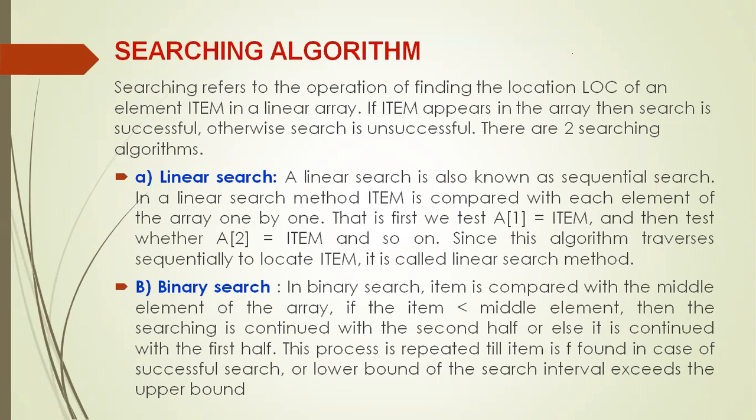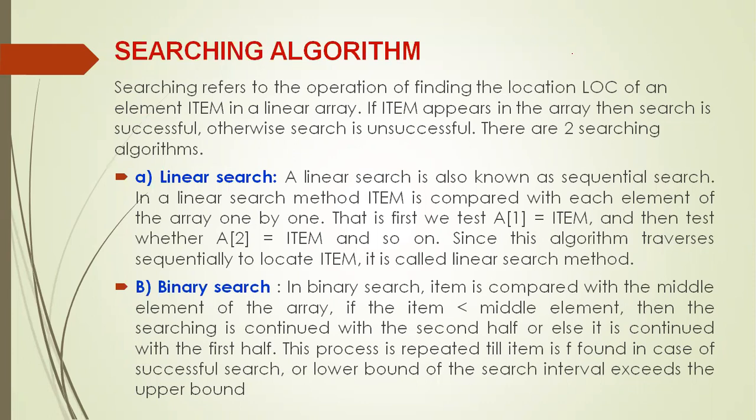Like that, every element of the array is compared with the search element. If a match is found, the searching operation will not proceed further, and we say that the search is successful. Whichever position the array element matches the search element, that position we call the position of occurrence of the search element. Even after comparing the last element with the search element, if no match is found, then we say that the search is unsuccessful.